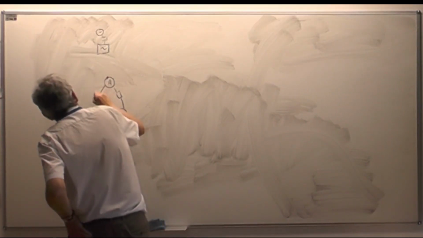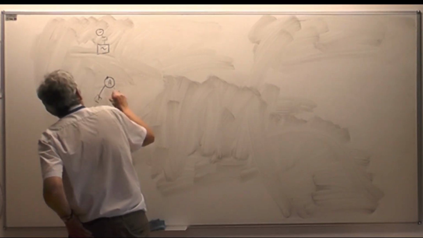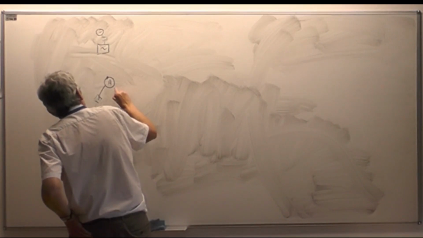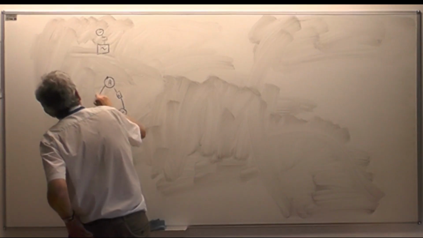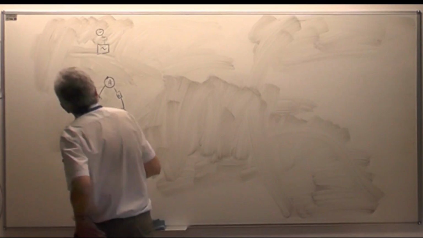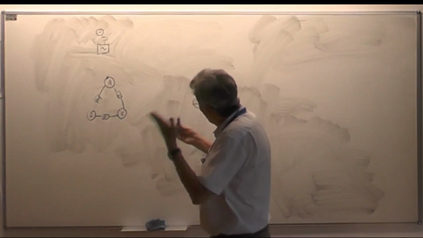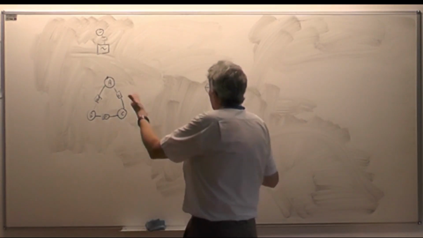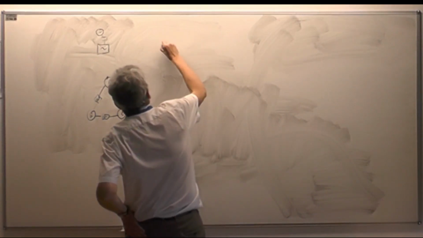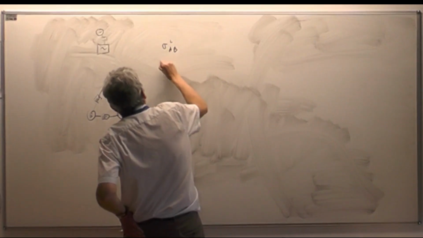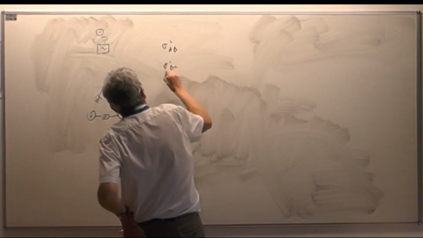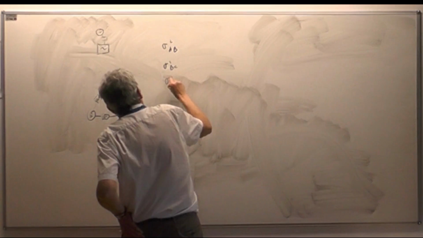I will call it AB, for instance. This one is CA, and this one is BC. Okay. So what we will observe, we will have sigma square AB, sigma square BC, and sigma square CA.